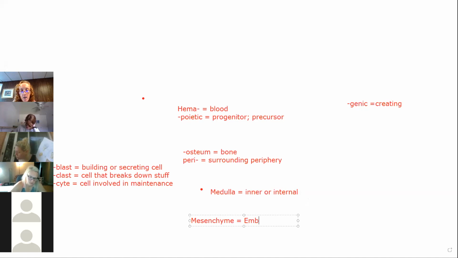It's connective tissue that hasn't specialized to become a particular connective tissue yet, undifferentiated or unspecialized.